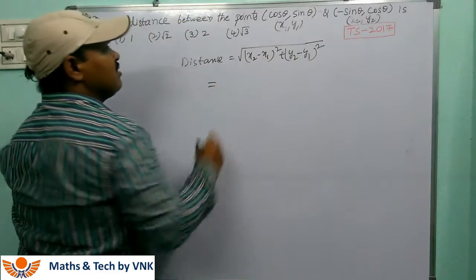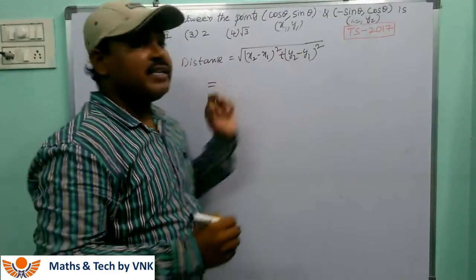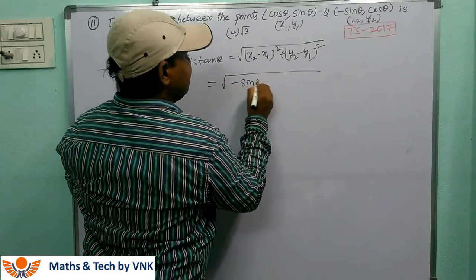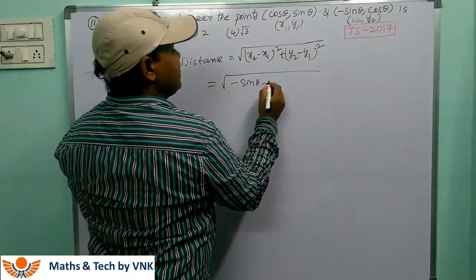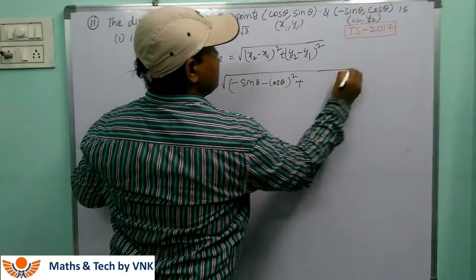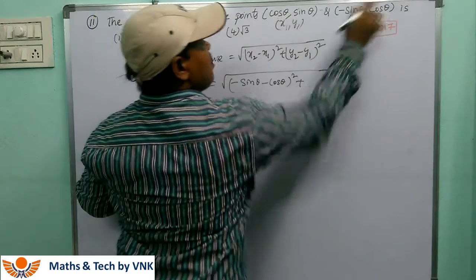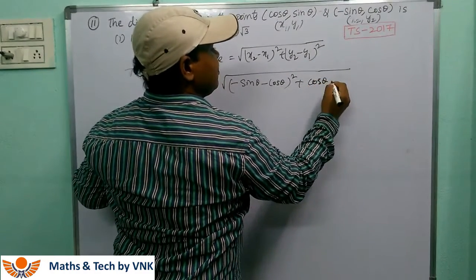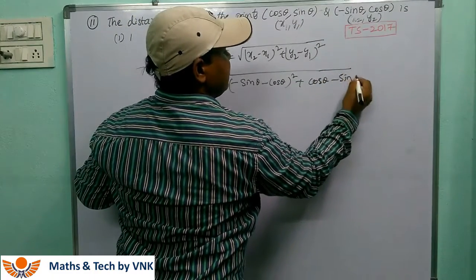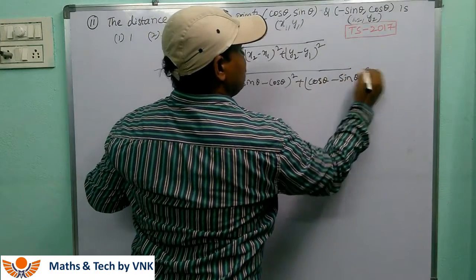Now substitute the values. x2 is minus sin theta, minus x1 is cos theta, whole square, plus y2 is cos theta minus y1 is sin theta, whole square.